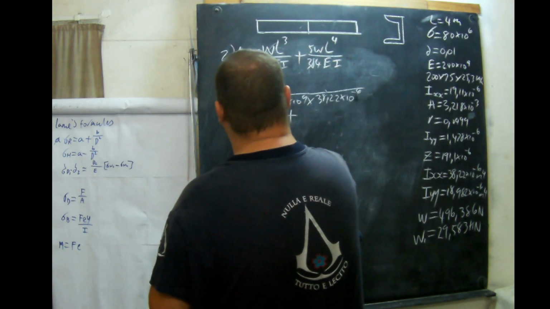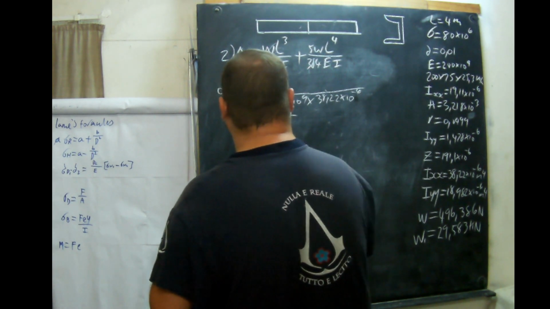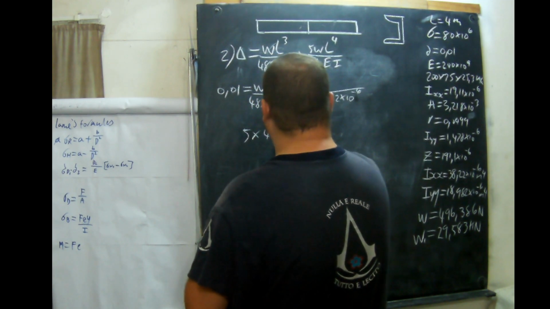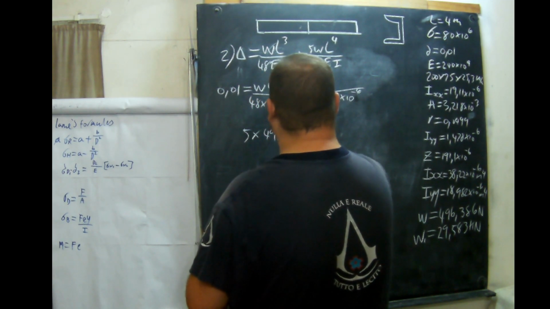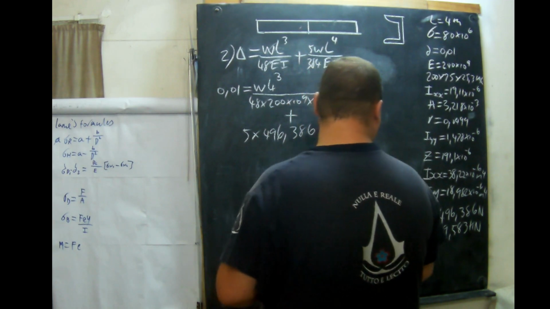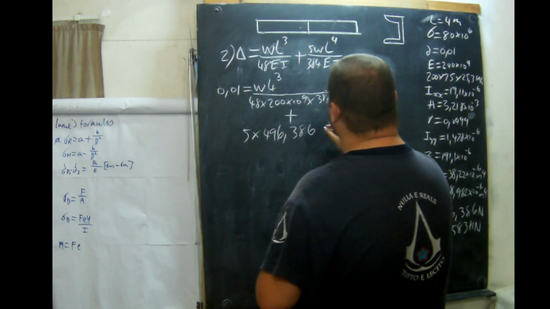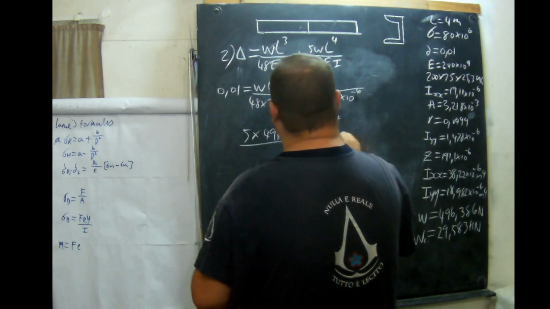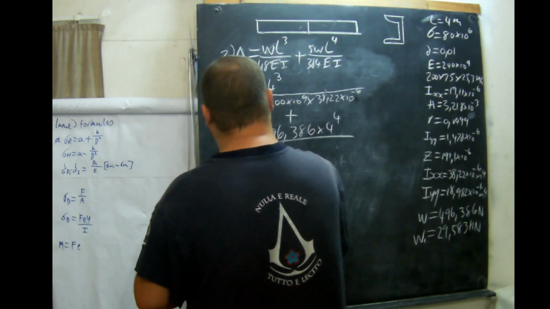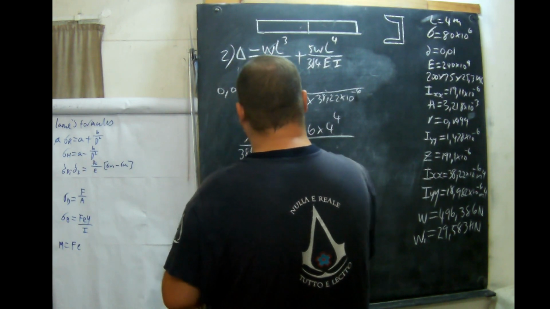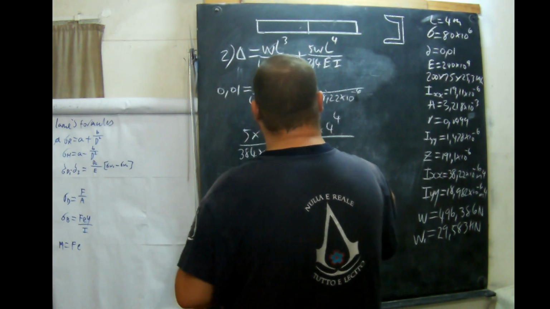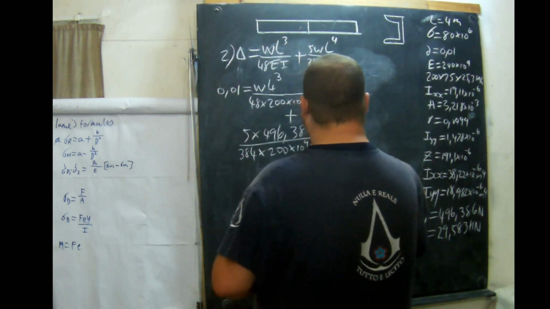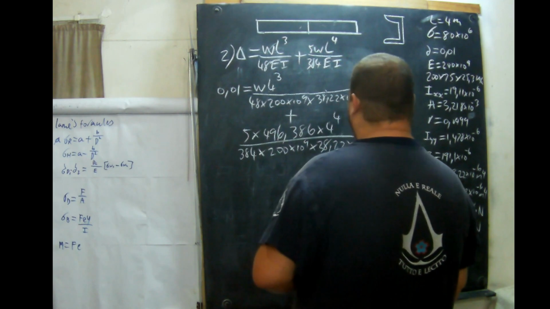Plus 5 times 496,386 times 4^4 all over 384 times 200 times 10^9 times 38,22 times 10^-6.